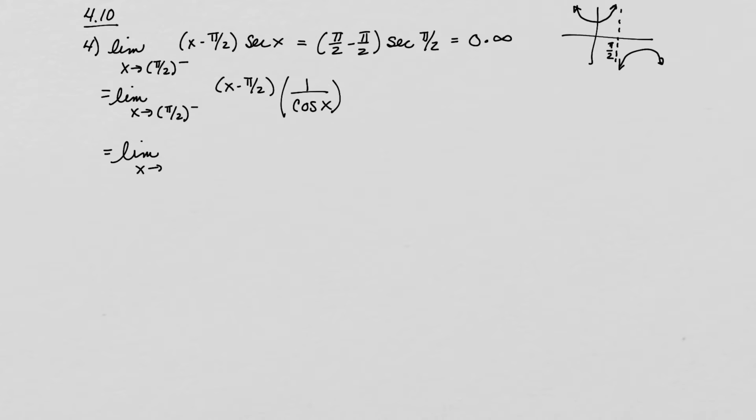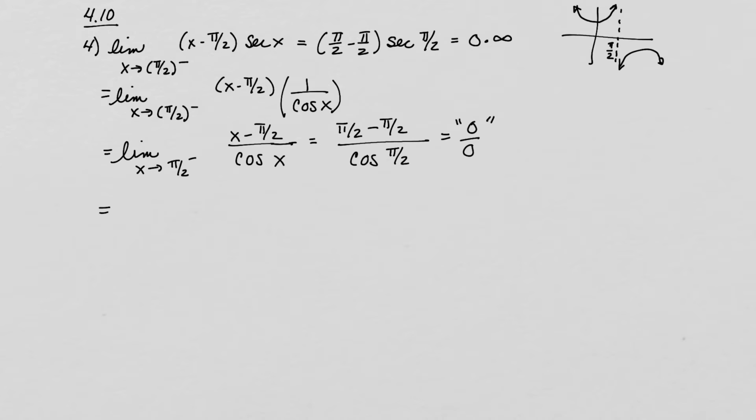It becomes the limit as x approaches pi over 2 from the left of x minus pi over 2 all over cosine x. If I plug in pi over 2 minus pi over 2, all divided by the cosine of pi over 2, this ends up being 0 over 0.